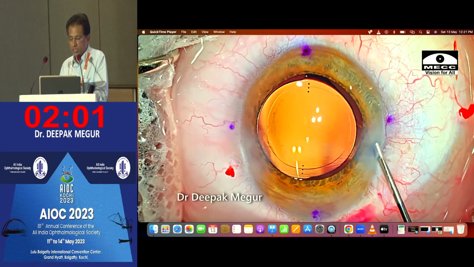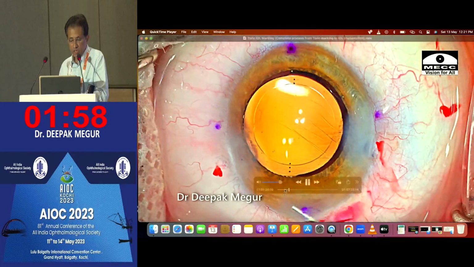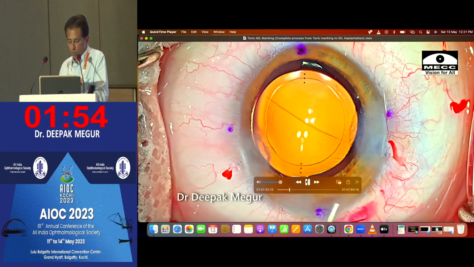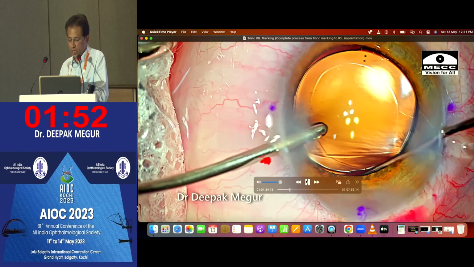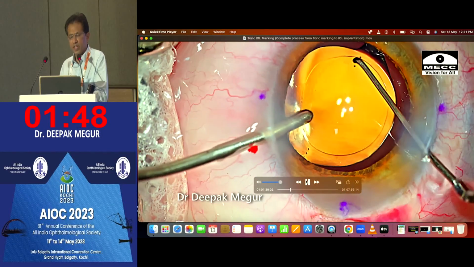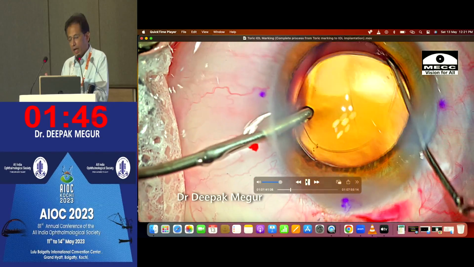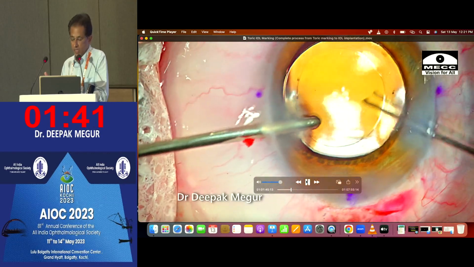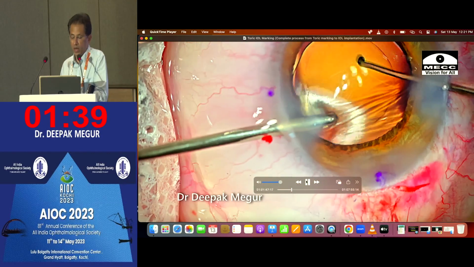I haven't had much experience of rotation post-operatively, especially with the hydrophobic lenses. Once you do it, it's important that you tap the lens posteriorly and ensure that the eye is a little bit soft, so that the apposition between the posterior capsule and the posterior surface of the lens is there, so that it sticks on quite well there.